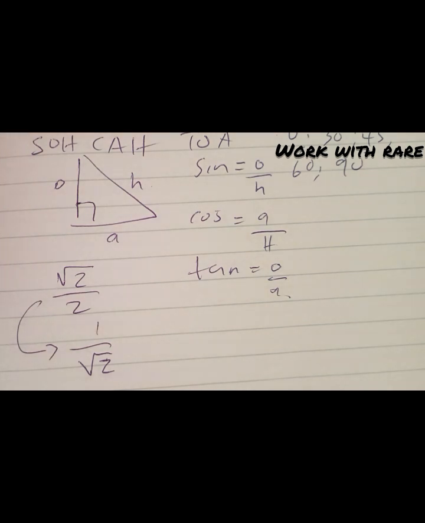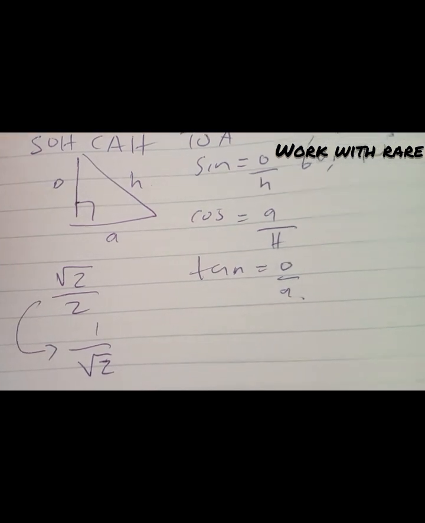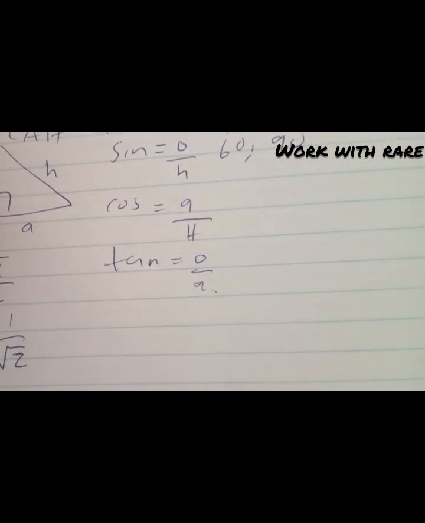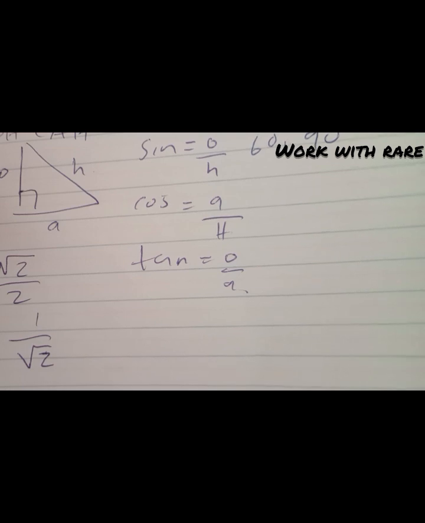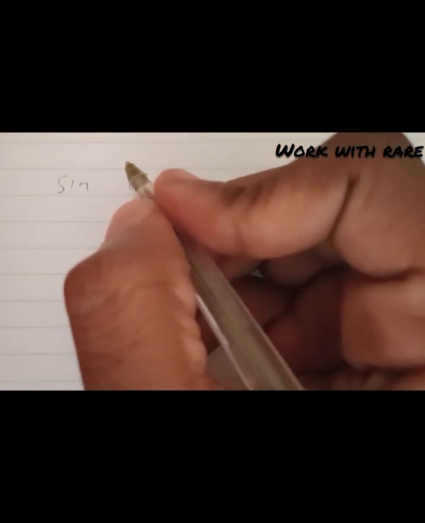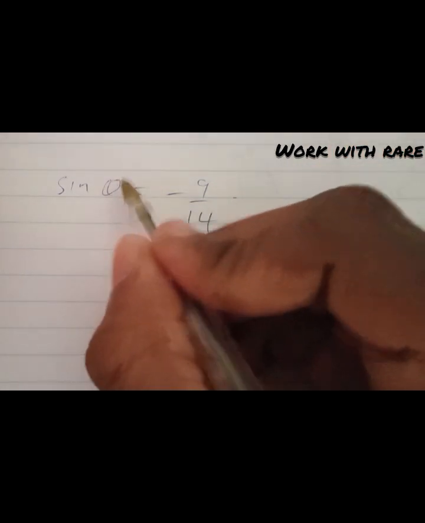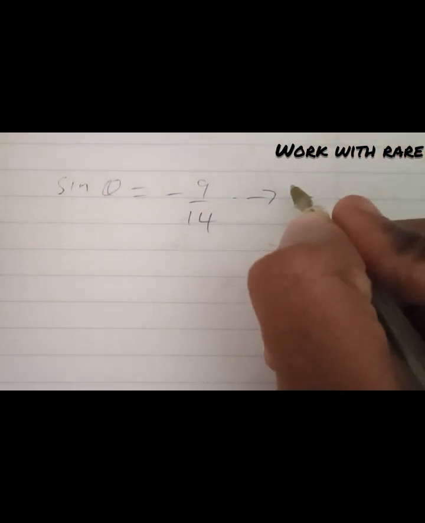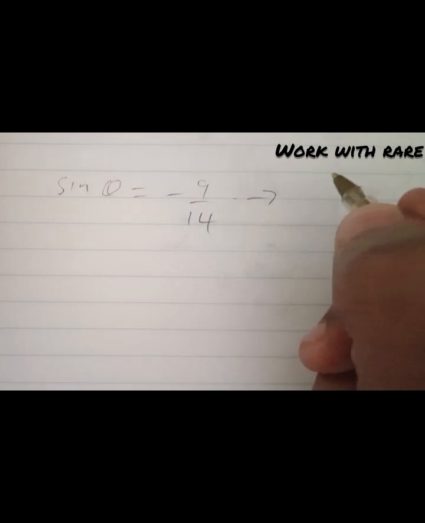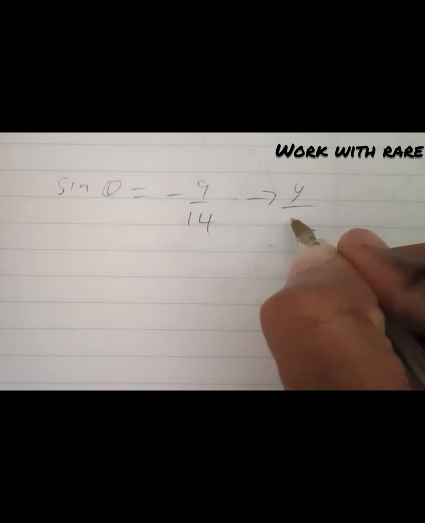And if you're given questions, maybe let's say you are given sine equals 9 over 14. Before you can answer any question that will follow, you should remember that sine is opposite over hypotenuse, opposite which is y, hypotenuse which is r.